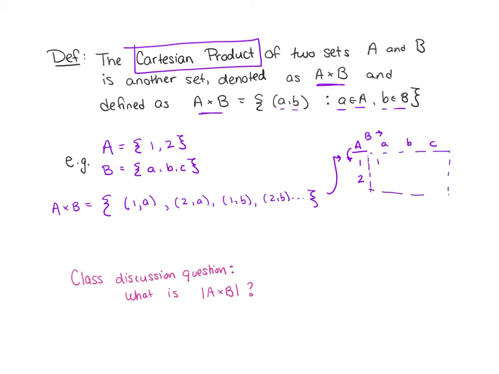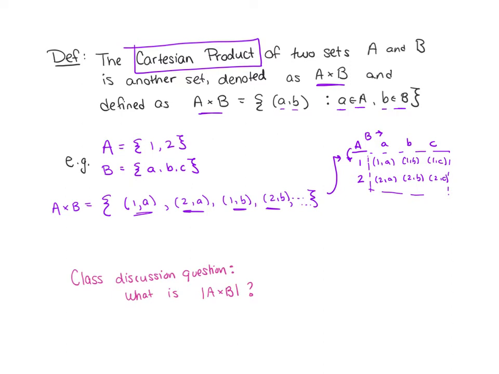So I can have 1 and a, 1 and b, 1 and c, 2 and a, 2 and b, 2 and c. So that set that has each of those elements in it, that's the Cartesian product of A and B.